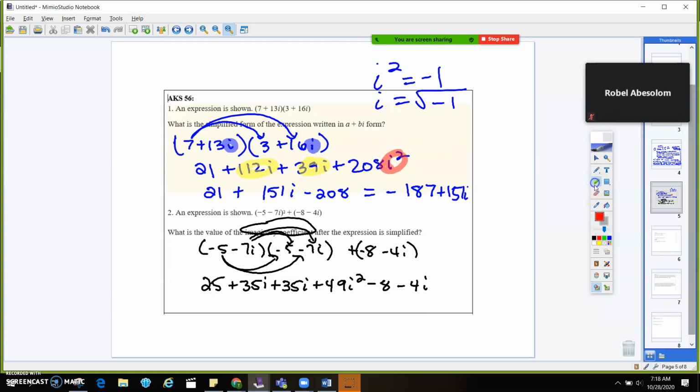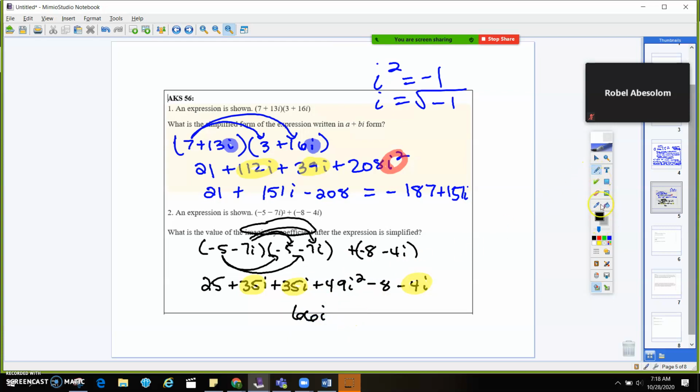Now I'm going to highlight my real and imaginary terms. So I've got 35i, 35i, and -4i. In my calculator, I'm going to type 35 plus 35 minus 4, and that's going to give me 66i.